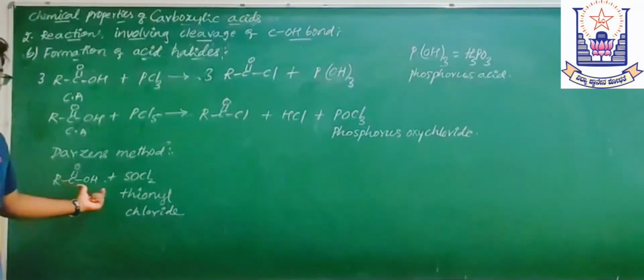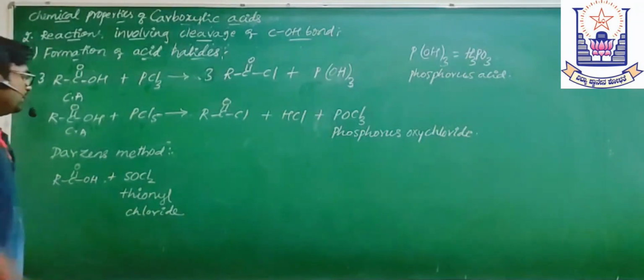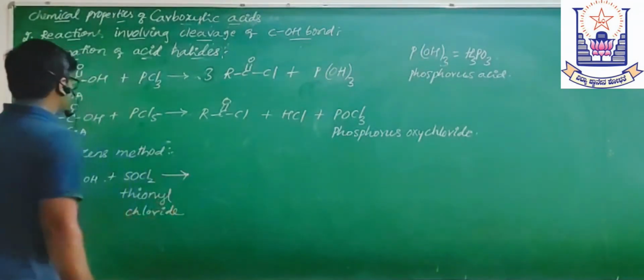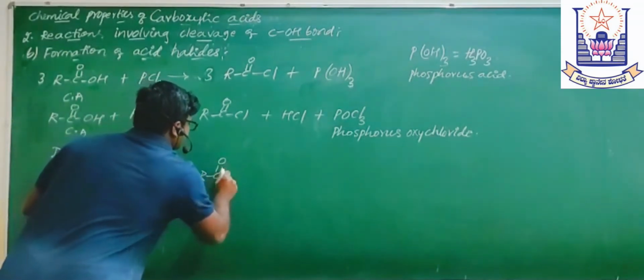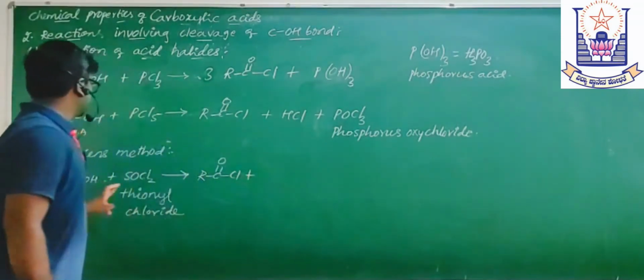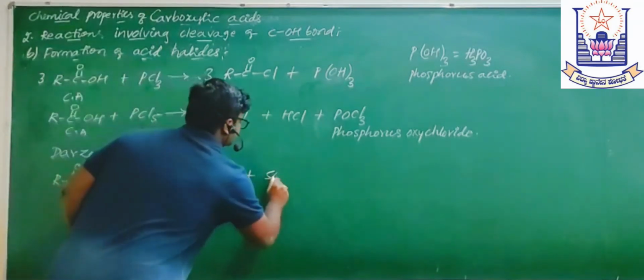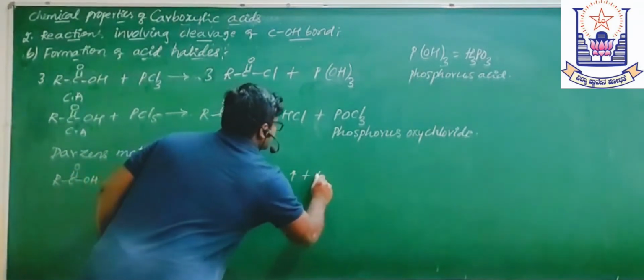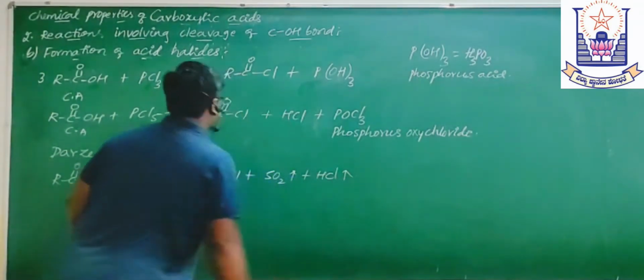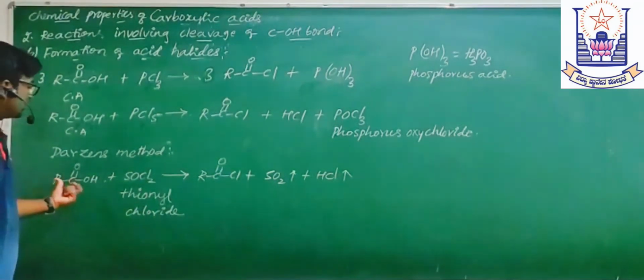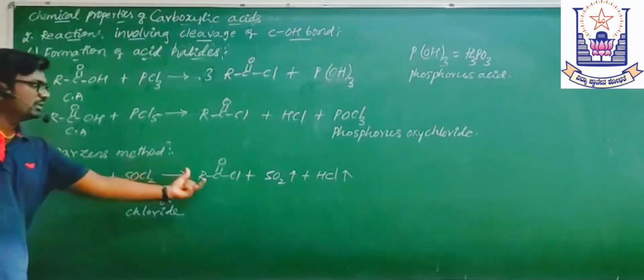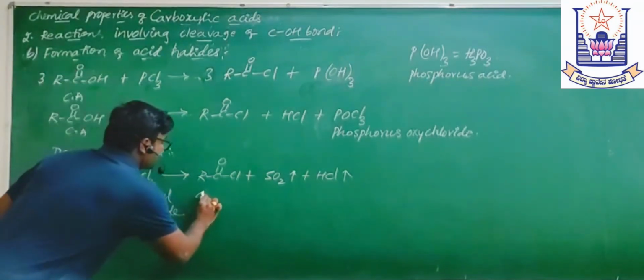When carboxylic acids are treated with the thionyl chloride, you will get RCOCl plus SO2 plus HCl. This is a best method to convert the carboxylic acids to the acid halides.